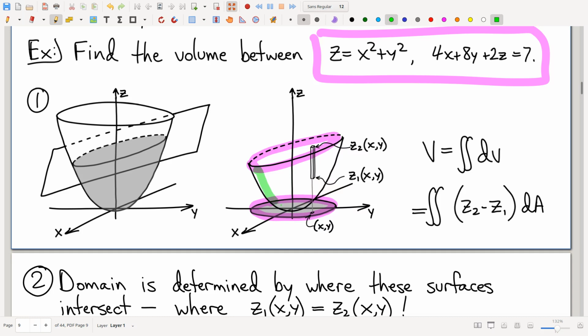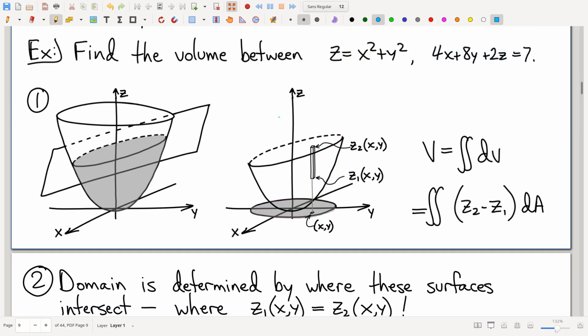That's right, that's where this paraboloid intersects with this plane. So a lot of students will correctly reason that, I guess I want to find the values of x and y where both of these equations are happy. Right? And the mistake that they make comes in with how to solve.